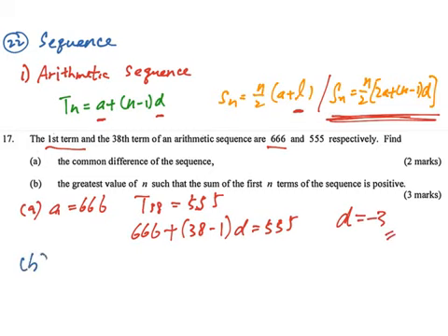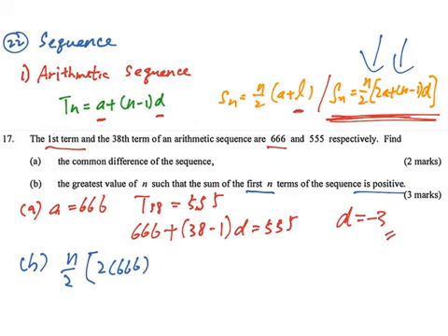Okay, let's see part B. The greatest value of n such that the sum of the first n terms is positive. So we'll apply the sum formula. n over 2, and then 2 times a is 666 plus, we don't know n, minus 1 times -3.